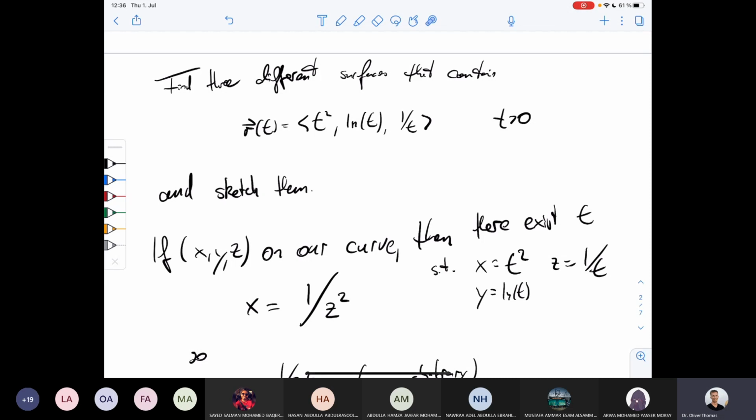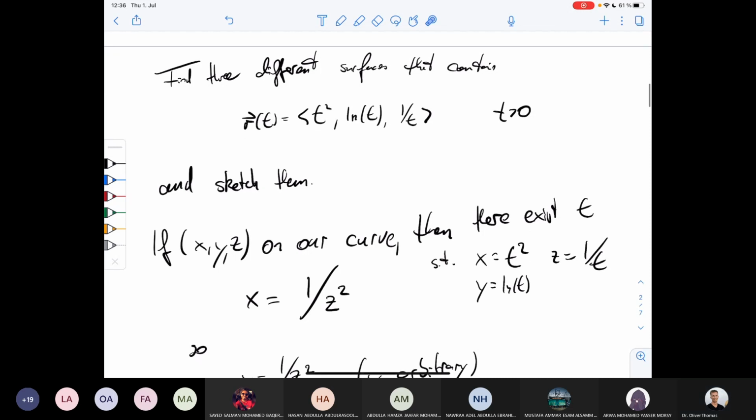This just means that we have a point on our curve. Now, in the first part, we're going to ignore the y component. Just try to find the relationship between the first and the third component, and then we're going to move the curve that we get over there in the y direction and get the surface. So let's forget about the y.